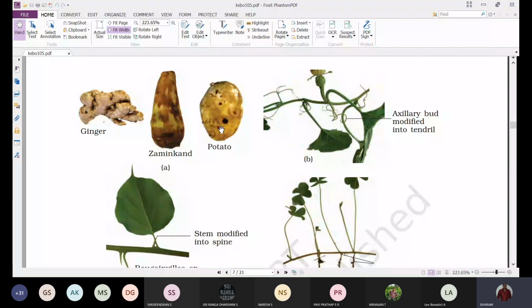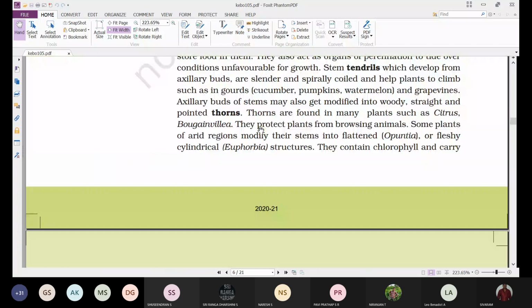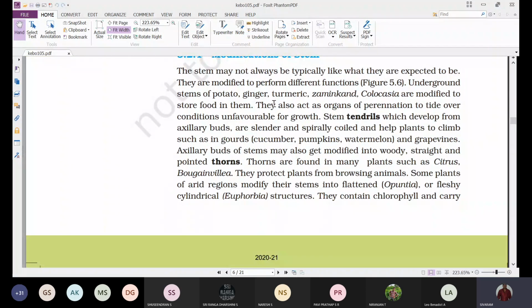And next, in the case of ginger and turmeric, also the underground part of the stem grows horizontally below the soil, that is, parallel to the soil surface, and becomes swollen due to the storage of food material.